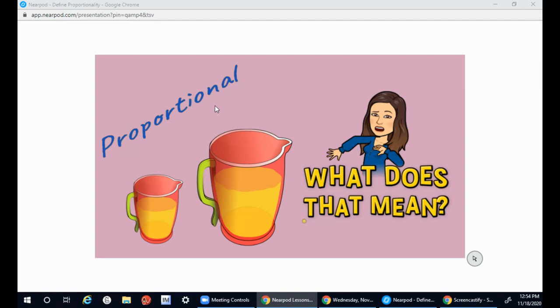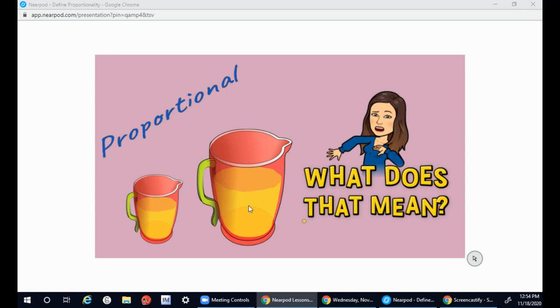So what I think of, and I'm trying to connect it real world for you guys, proportional, essentially in making Kool-Aid or lemonade, because this is yellow, is having the right portion, and we see that word here, portion within the word, of ingredients. And so I know if to make this small pitcher, I need so much lemonade powder and so much water, I put that in there.